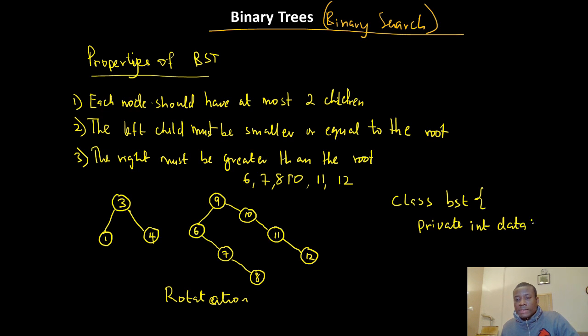This represents the data contained in this tree, like the numbers, and we also have BST left. This represents the left subtree, and then the right subtree should be alright. So some other thing comes here and then you close it.